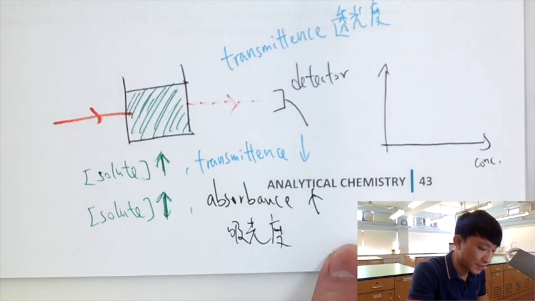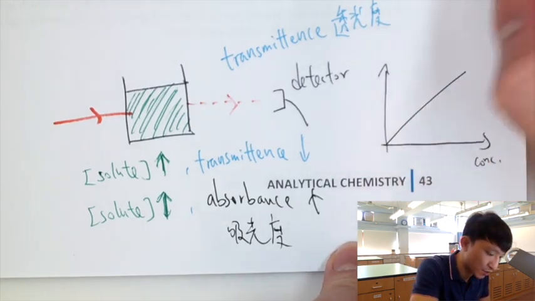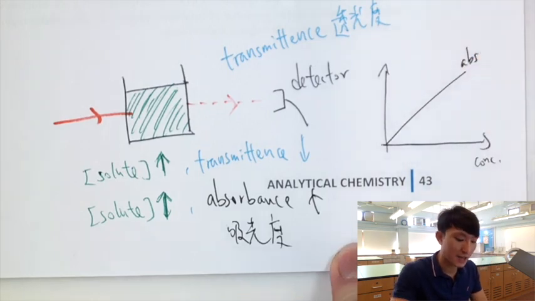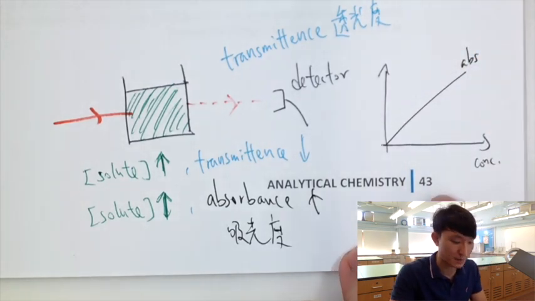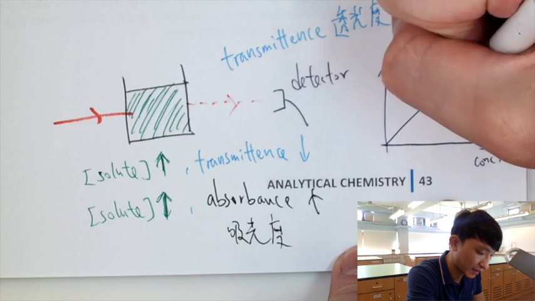When the concentration of solute increases, the absorbance also increases. But the transmittance will be the exact opposite, so it would be like this.